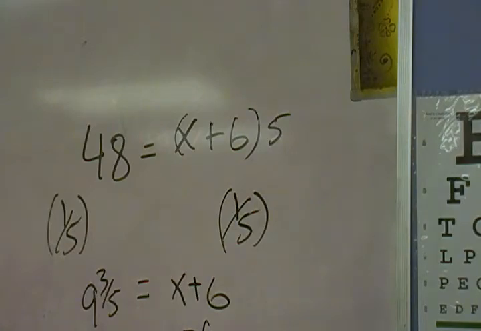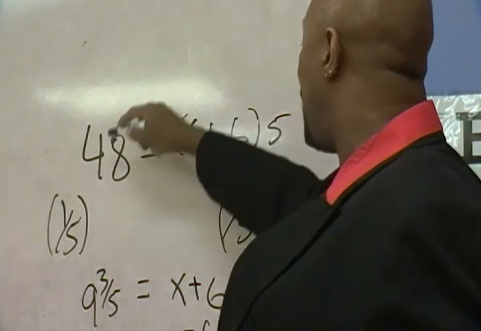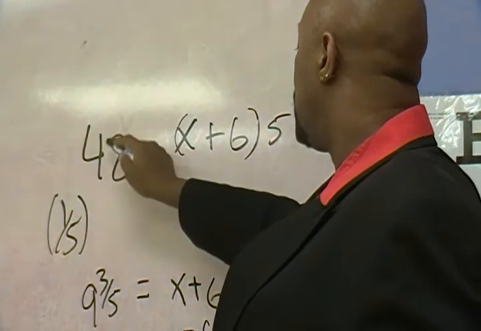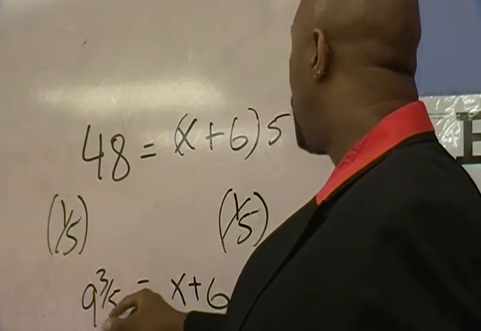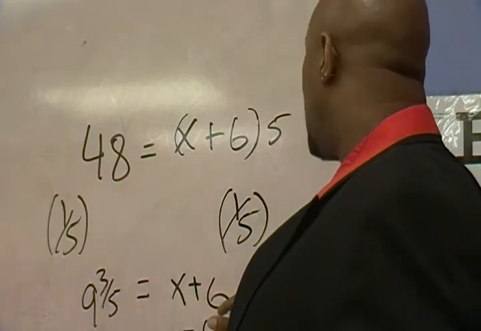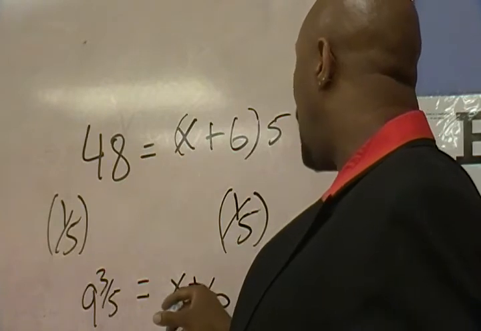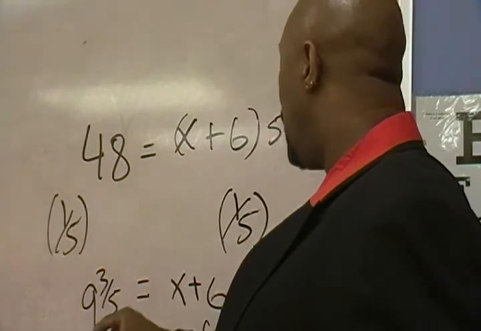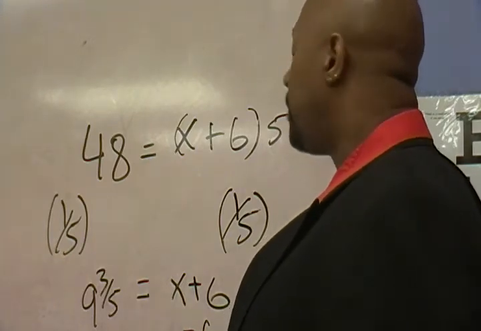That's the first thing I did, was get rid of the 5. So 5 goes into 48 9 times with 3 left over. So that's 9 3/5. So 9 3/5 is equal to x plus 6. I subtract the 6 from both sides to get the x by itself. And that gives me 3 3/5 equals x.